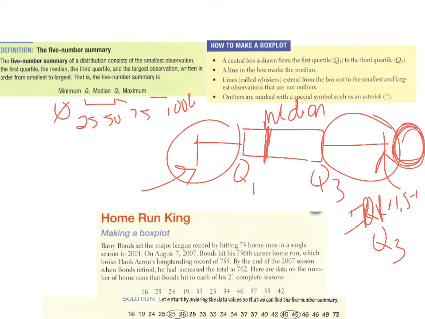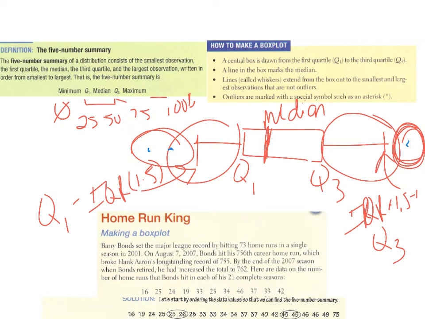And this one would be Q1 minus my IQR times 1.5. My outliers would just be out past that. You can put your outliers as individual little dots. You could use a star or a little square, a special symbol, whatever you choose, out there past that.